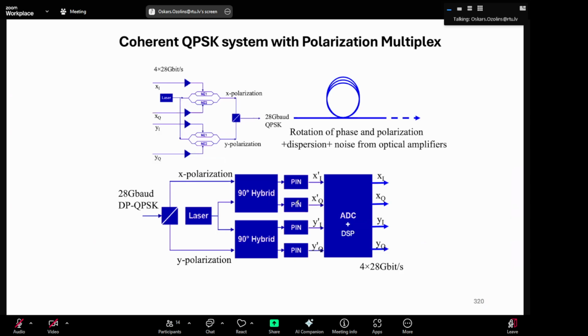But that is not the case for fiber dispersion, because fiber dispersion can be compensated quite effectively in DSP, like phase and polarization as well.